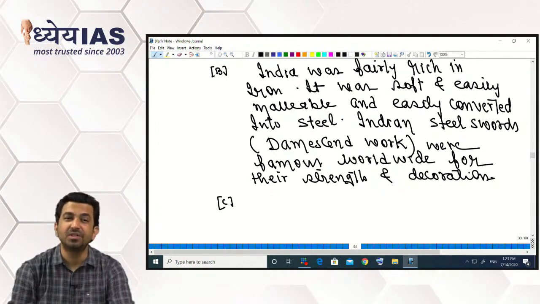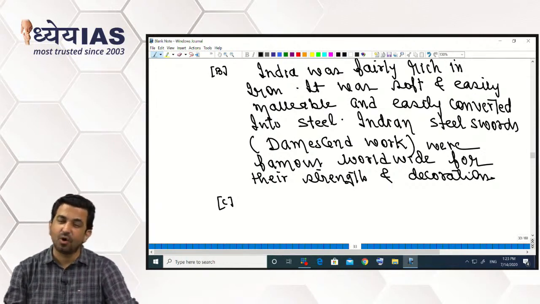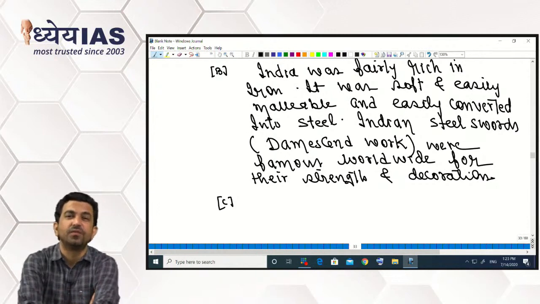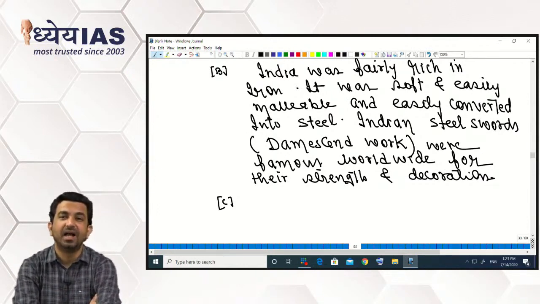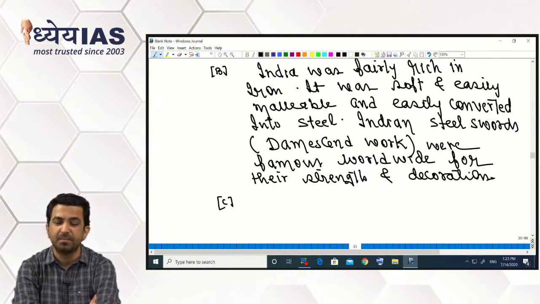And not to forget the cotton and silk textile industry of India. Indian cotton and silk cloths were famous worldwide and were in great demand, in particular in the European markets.